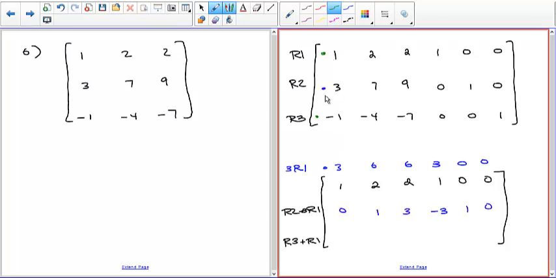So 1 plus negative 1 is 0. 2 plus negative 4 is negative 2. 3 plus negative 7 is negative 5. 1 plus 0 is 1. 0 plus 0 is 0. 0 plus 1 is 1.